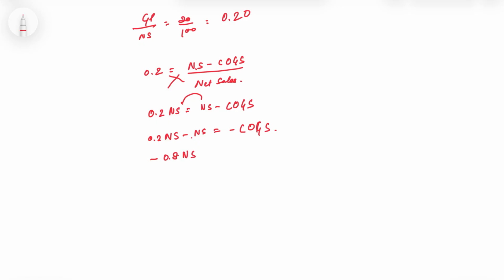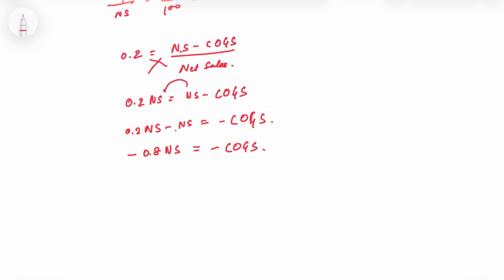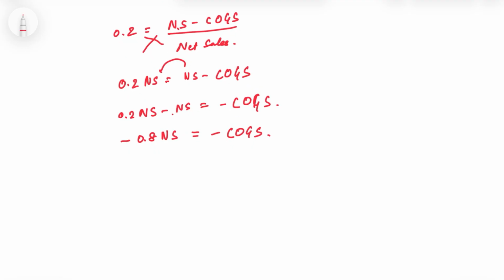So minus 0.8 net sales is equal to minus cost of goods sold. We know the value of cost of goods sold, 18 lakh. The minus signs cancel, so 0.8 net sales is equal to cost of goods sold.